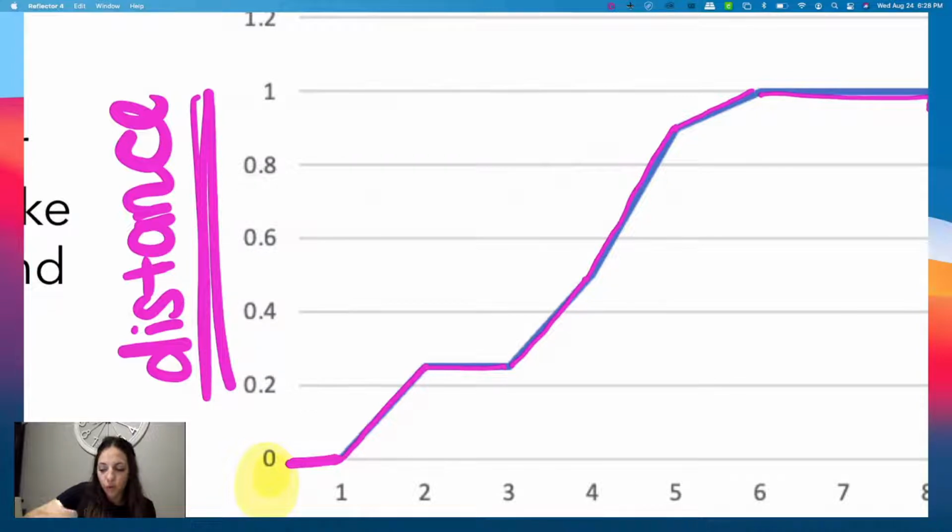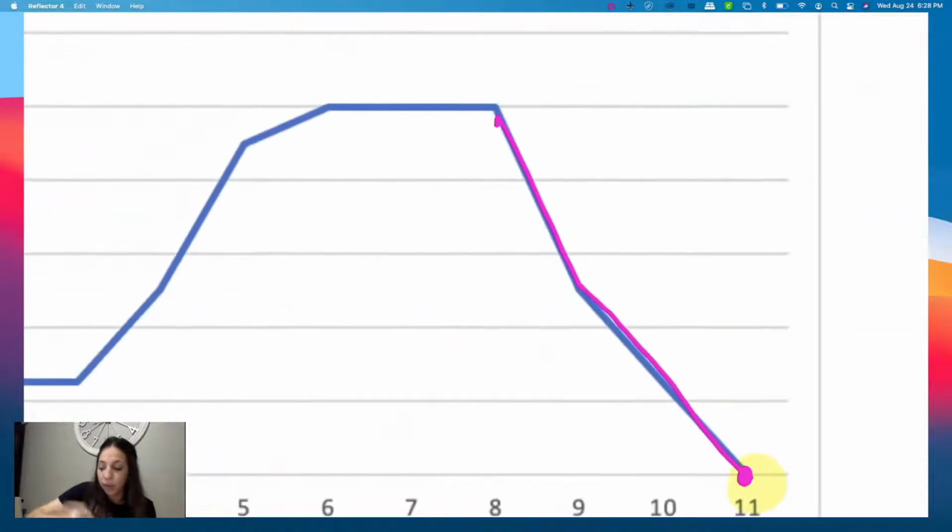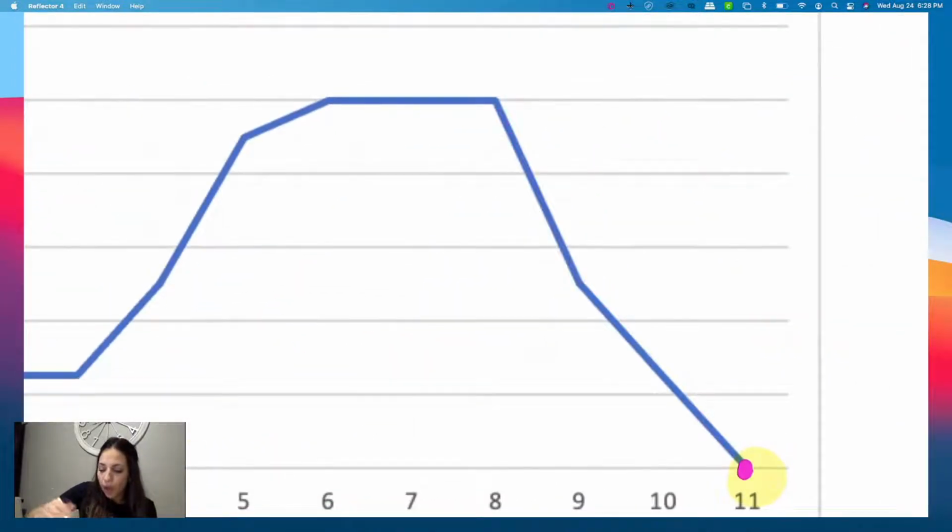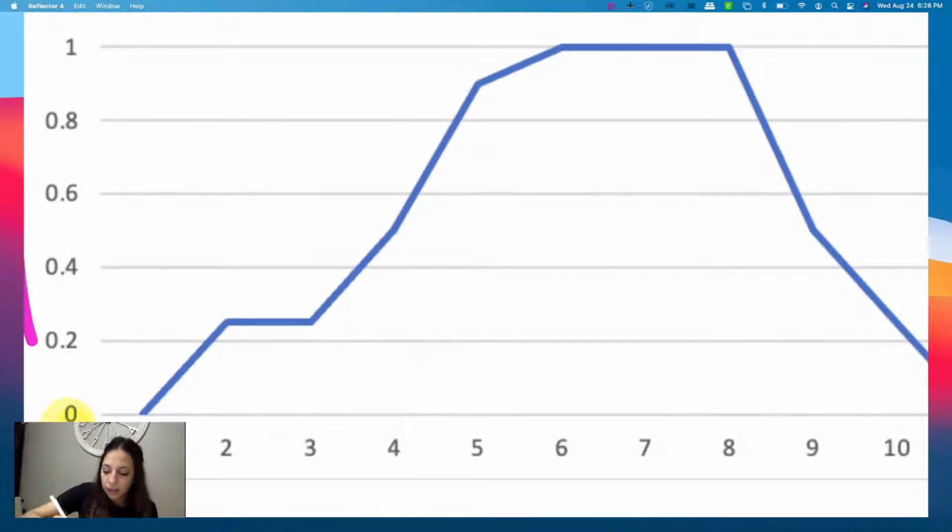Here's a question for you before we analyze this problem completely. What does this steep slant mean? What's the difference between that section and this section? This is from 4 to 5, and this is from 5 to 6. And we don't know how many minutes or hours that is. We just know that those are equal time blocks.